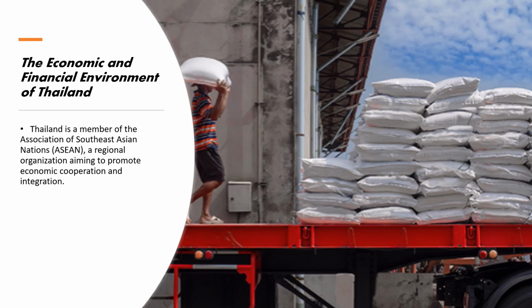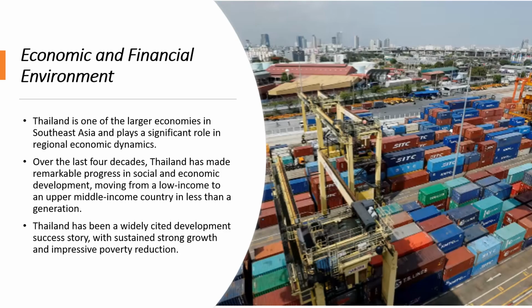The economic and financial environment of Thailand goes like this: it is a member of the Association of Southeast Asian Nations, a regional organization aiming to promote economic cooperation and integration. Thailand is one of the largest economies in Southeast Asia and plays a significant role in regional economic dynamics. Over the last 4 decades, Thailand has made remarkable progress in social and economic development, moving from a low-income to an upper middle-income country.